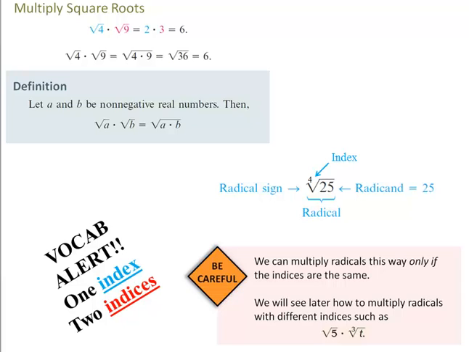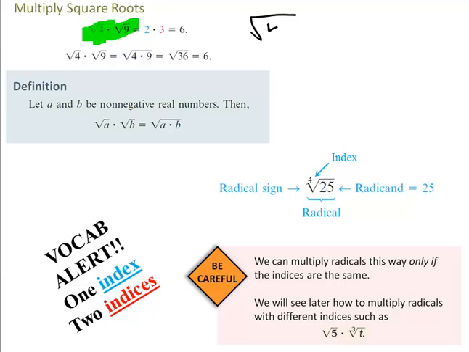The nice thing about multiplying square roots is it's pretty simple. All you really have to look at is you're going to multiply the square root of 4 times the square root of 9. And what's nice is you get to combine them both underneath the radical sign.